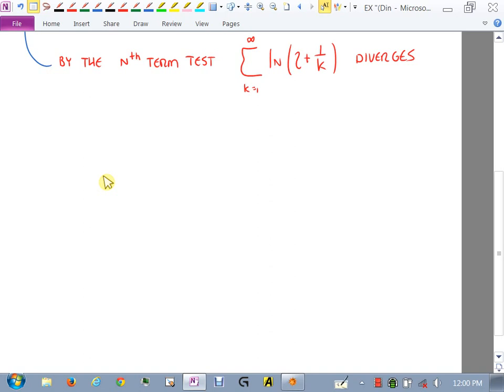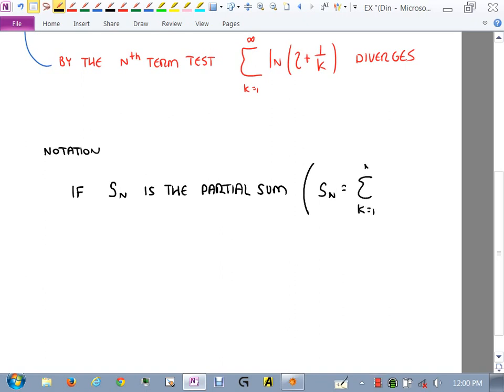Okay, so we need to start talking about the convergence of a series. We haven't talked about that yet. We need to get some notation out of the way first before we can do that. So, some notation. If S sub n is the partial sum, that is, S sub n equals the sum from k equals 1 to n of a sub k, that's the way we define the partial sum.